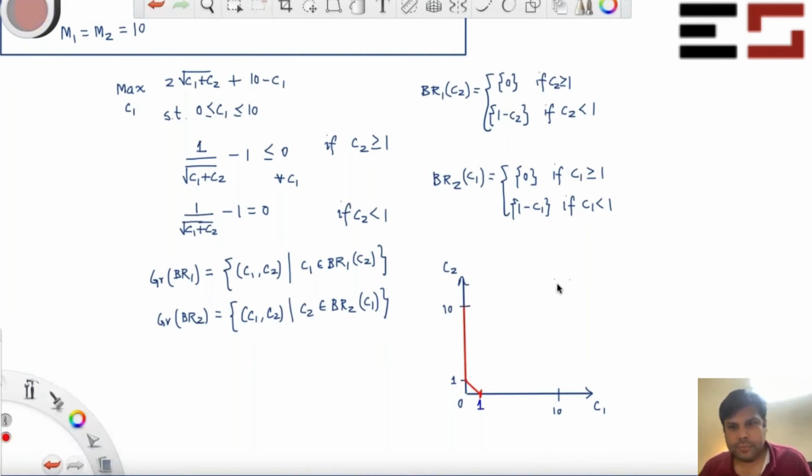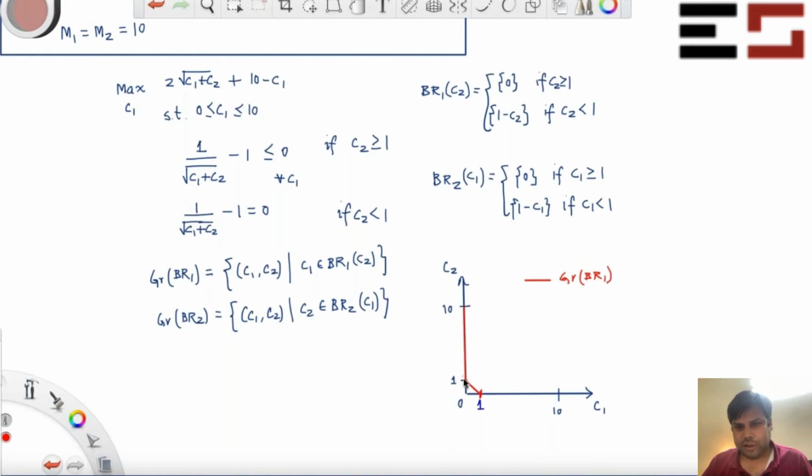Sir, can you please explain this part again? Yes, just a minute. What I was saying is that whenever C2 is greater than 1, the optimal choice of C1 is 0.